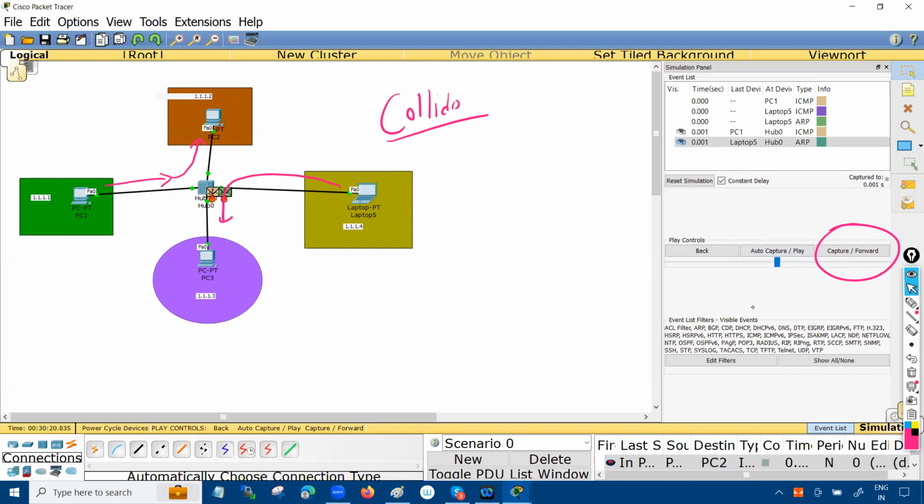Of course, it's a one-way communication. Hub is half duplex. Half duplex means only one person at a time can communicate. If PC1 is communicating with PC2, no other person can communicate. Only PC1 can send, and once PC1 finishes sending the data, then another PC can transmit.